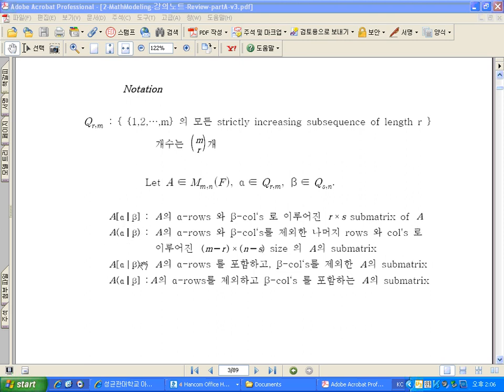And this notation says the submatrix of A excluding the rows of A corresponding to the set alpha and excluding the columns of A corresponding to the set beta.